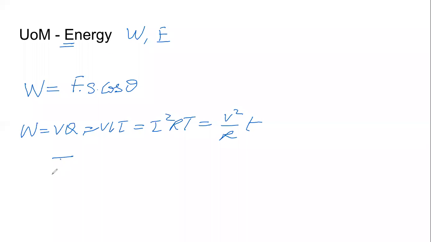Joule is correct. And the symbol for this is capital J, not small j, capital J. So if you see it written like this, it means 10 joules of energy.